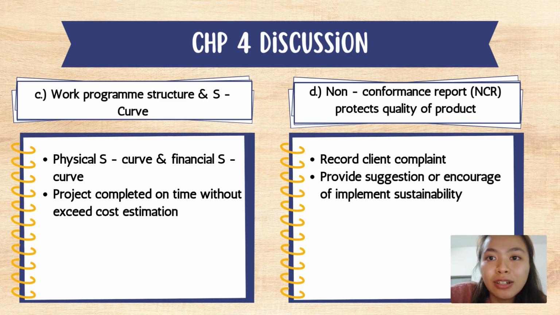For C, work program structure and S curve. The S curve can be divided into two, which are physical S curve and financial S curve. Under the work program structure, the project is completed on time without exceeding the cost estimation. D, the non-conformance report (NCR) on the project's quality of product. Under this report, it records client complaints and provides suggestions or encouragement to implement sustainability.